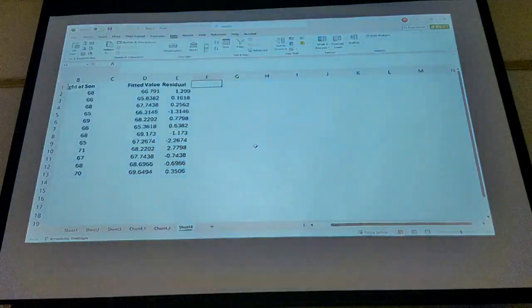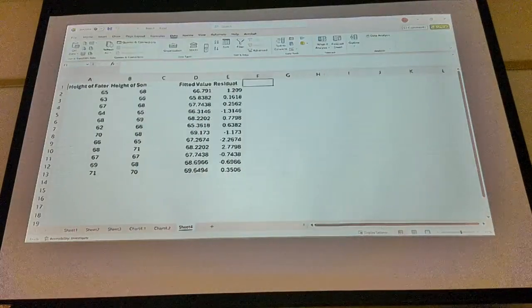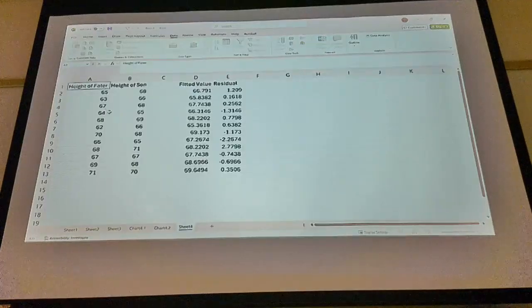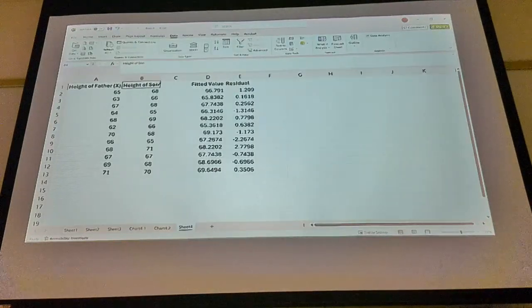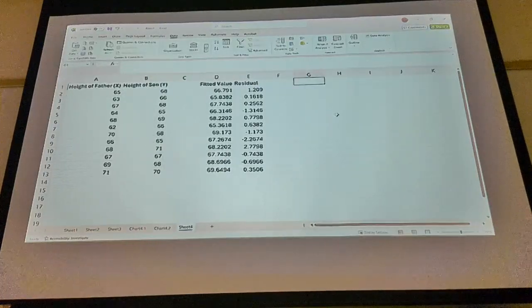So I'm going to use the same chart because we're using the same data. Son, I'm going to use that as the Y. So we want the correlation coefficient, which means we need x times y, x squared, y squared, and then all the sums.